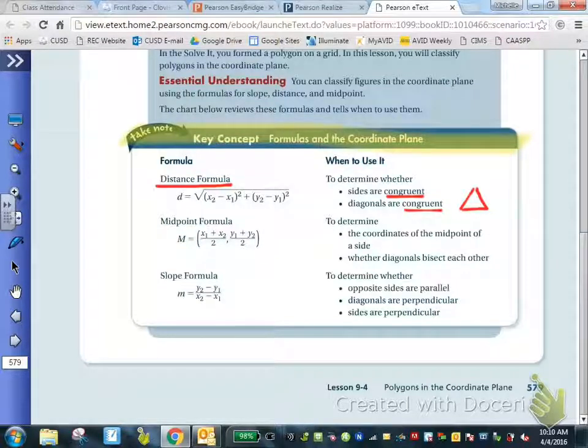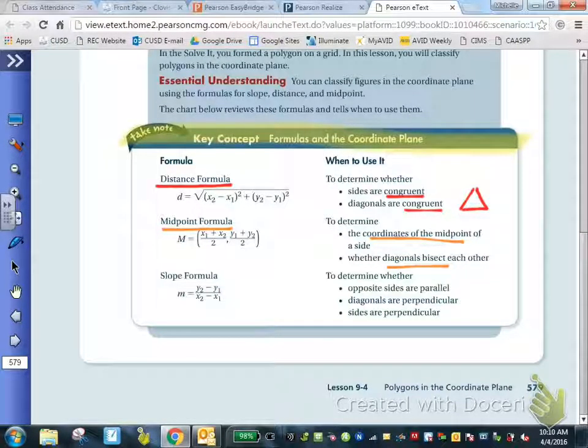We're also going to use midpoint formula. Malika, when does midpoint formula come in handy? To determine the coordinates of the midpoint, and the midpoint cuts it in half, and what do we call when we cut something in half? Bisect it. So to determine if two diagonals bisect each other.